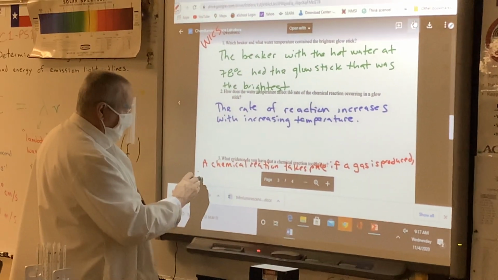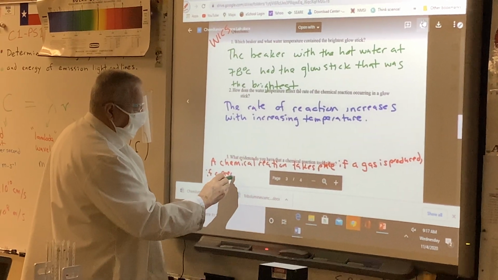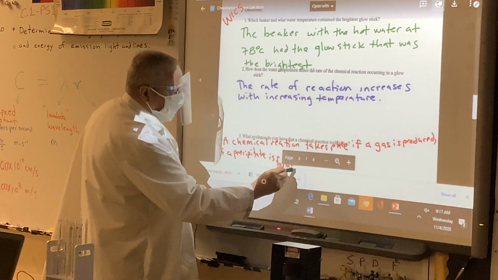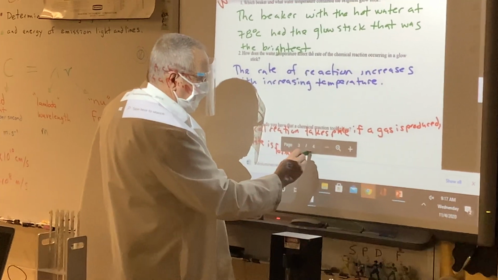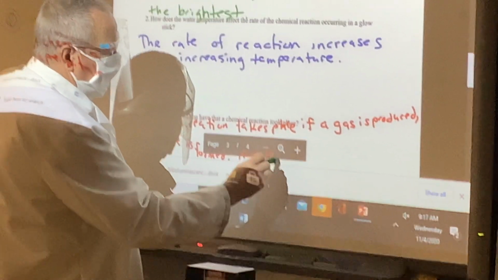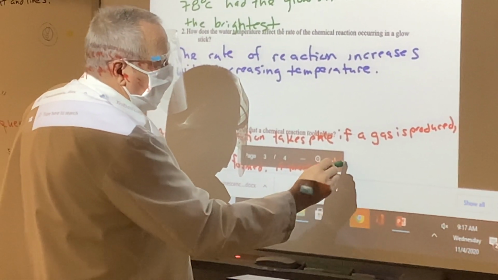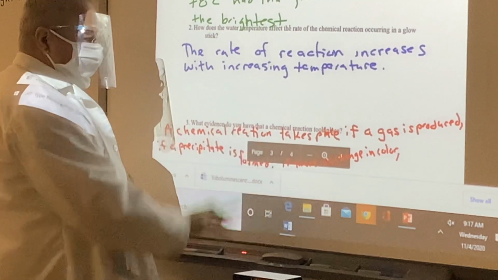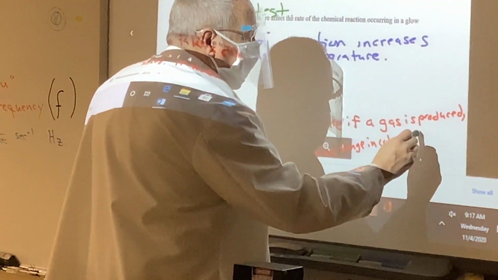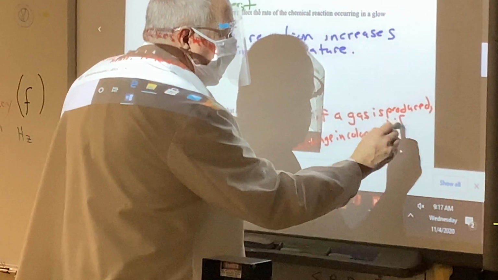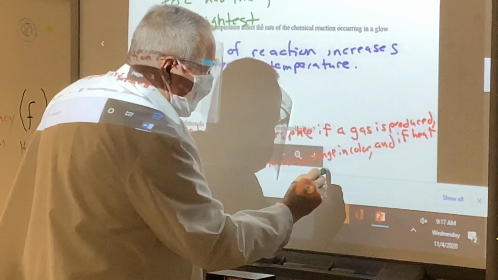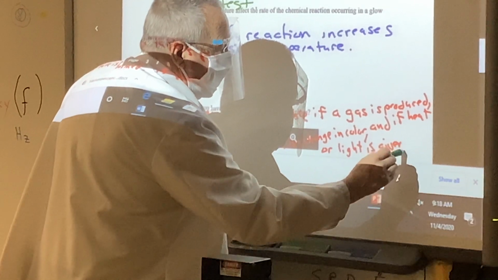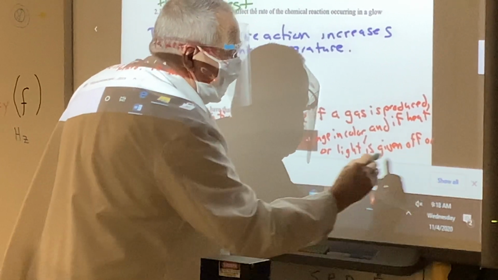If a precipitate is formed, if there is a change in color, and, sorry, I'm trying to write around this problem, and in our case, if heat or light is given off or absorbed.